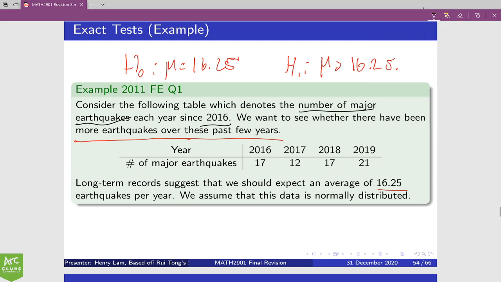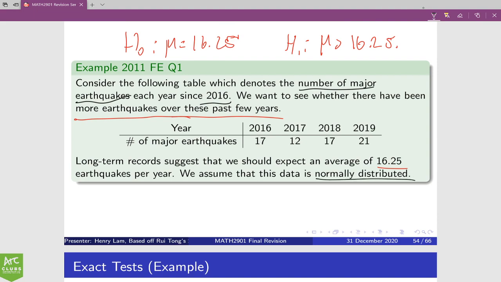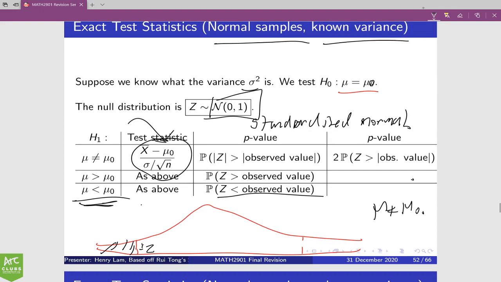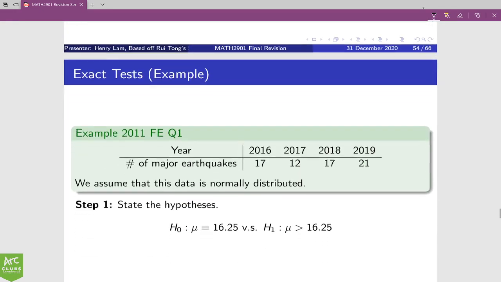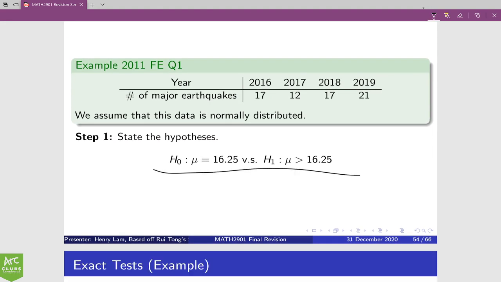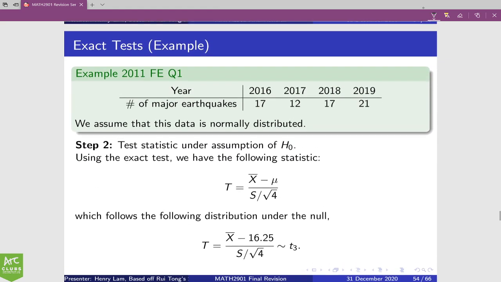So in this setting, we have a one-sided test. And here we can assume the data is normally distributed, so we can use either of these two tests up here. We want to check more than previous years, so that's why this is more than. Now we want to figure out the test statistic under the null. That's the second step.